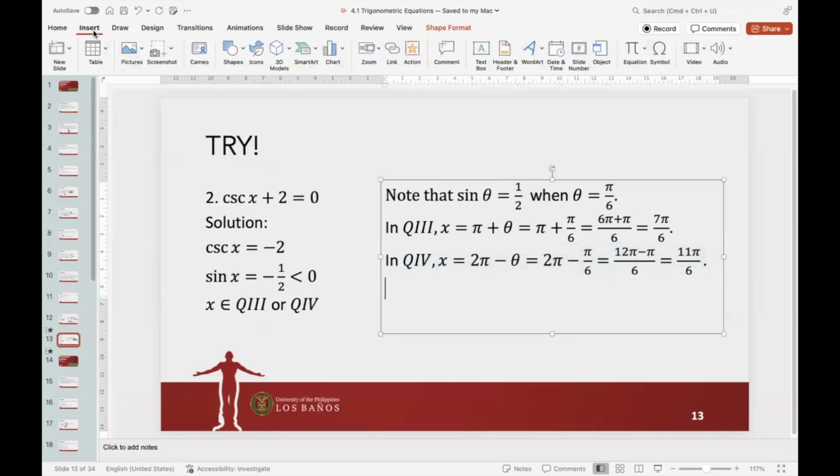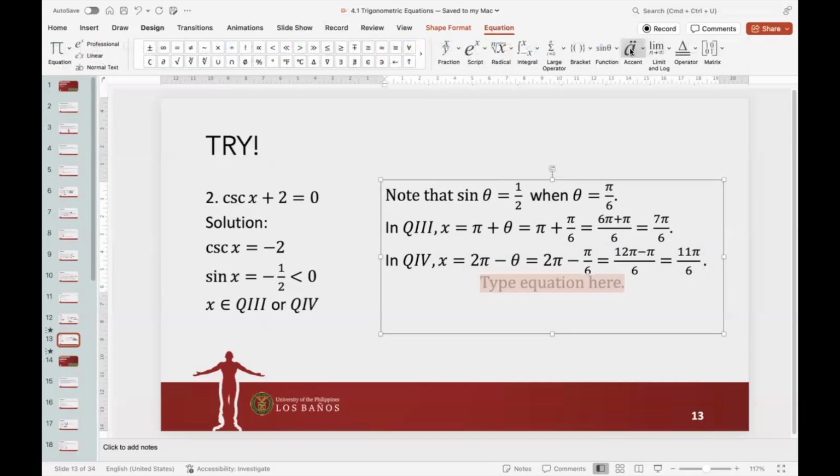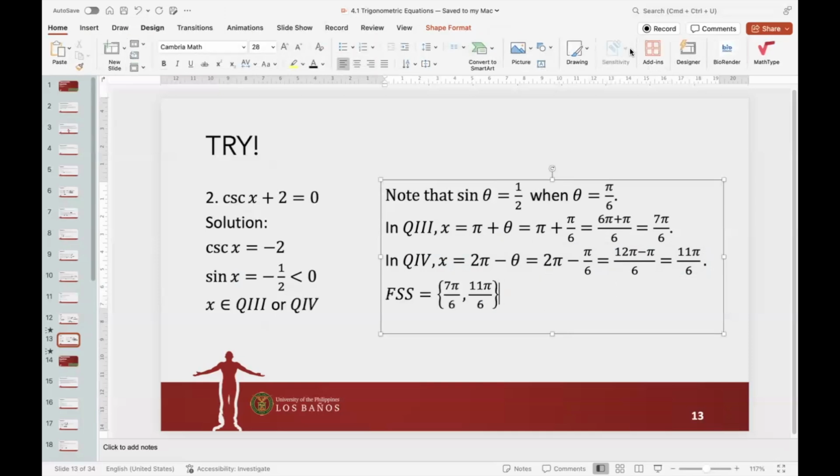So it follows now that our fundamental solution set is the set containing 7 pi all over 6 and 11 pi all over 6. Okay?